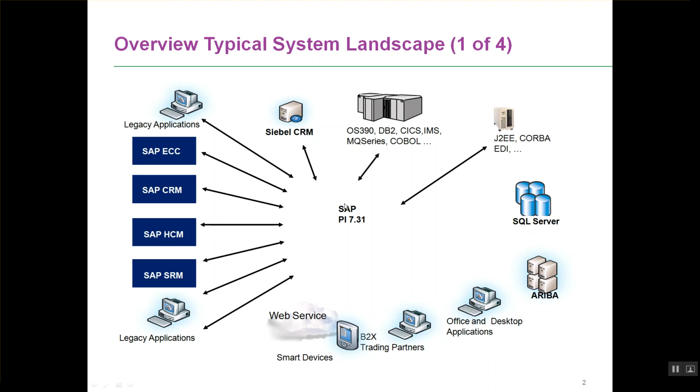So, PI being an integration platform, all these systems are expected to register themselves to this SLD so that PI can then talk to them. It can be an automatic registration or it can be a manual registration, but the role of the SLD is to make sure PI is aware of what all systems are there in the landscape.